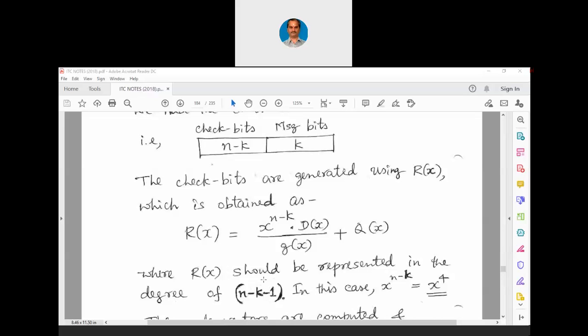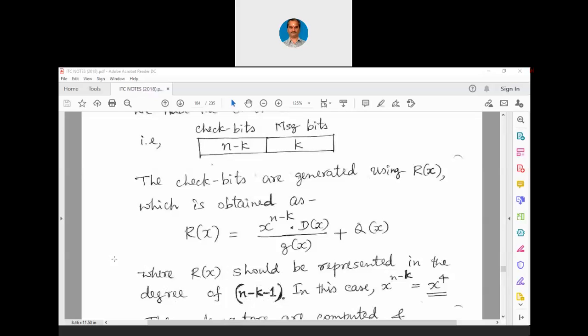Why have I written n minus k minus 1 here is because the first term in the polynomial is 1 itself, 1 plus x square plus x cube, that way it goes on. That is why I had written it here. But ultimately the degree is n minus k minus 1.